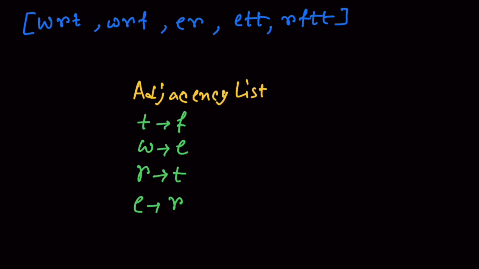So consider this example. These are the words in the alien dictionary, and the words come in this order. First we have to create the adjacency list. How do we create it? We compare the words pairwise and look for the first non-matching character.